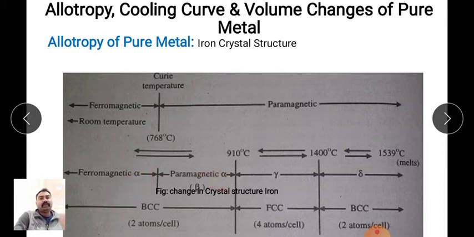From room temperature to 768 degrees Celsius, the alpha ferrite present shows the ferromagnetic properties, and from 768 degrees Celsius to 910 degrees Celsius, it shows the paramagnetic properties, and it is known as beta ferrite. So we can say that from room temperature to 768 degrees Celsius, it is ferromagnetic alpha ferrite.